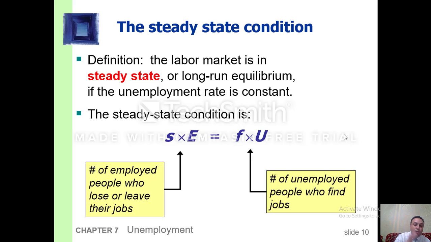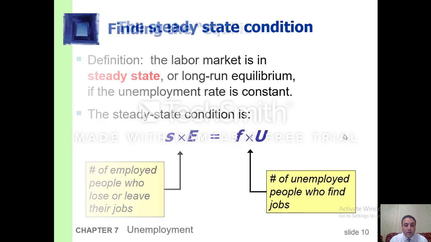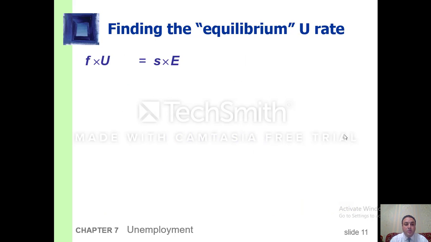The fraction of people who lose their jobs equals the fraction of people who find new jobs. So how can we find the equilibrium for the unemployment rate? If we take this equation, F U equals S E, and we know that E, the employed people, is the total labor force minus the unemployed.